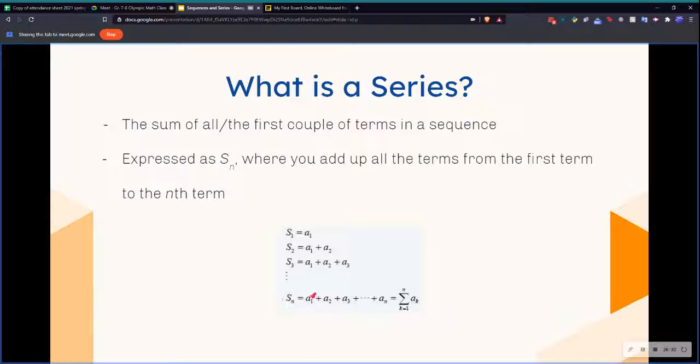And then S of n, you're adding A of 1 up to A of n. Oh yeah, and then they also put this fancy notation right here. I'm not sure if any of you have seen it, but it's called sigma notation. This is special notation in mathematics used to denote a sum of terms. But you don't have to know about it for today's lesson, right?